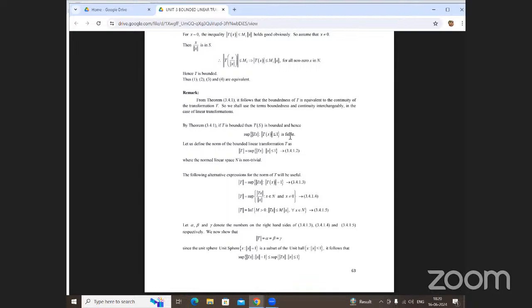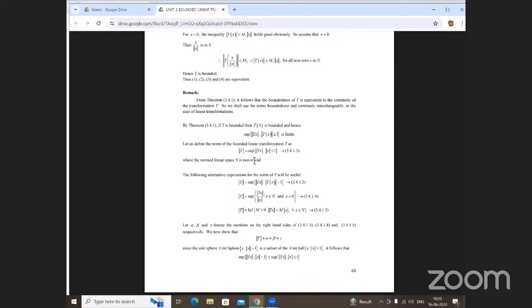So this is the finite part. Finite part means this is the bounded part. What is the meaning of norm T? Simply by the above theorem, we define norm T equal to the supremum of norm T of x, where norm x is always less than or equal to 1. That is the second condition.